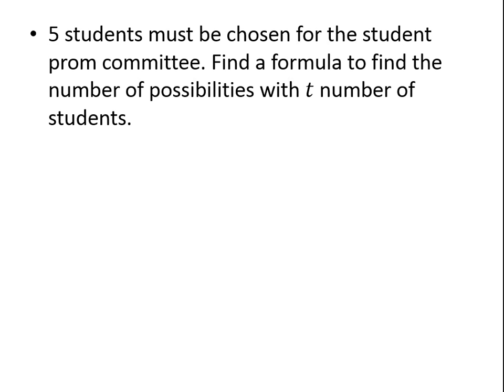For our formula, it's always going to be a combination of T C 5. The top number is changing, but the bottom number is always 5, and it's a combination because it doesn't matter if someone is the first person or the last person in the committee, because there's no president of the prom committee.